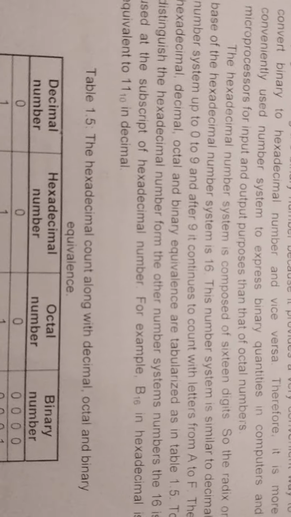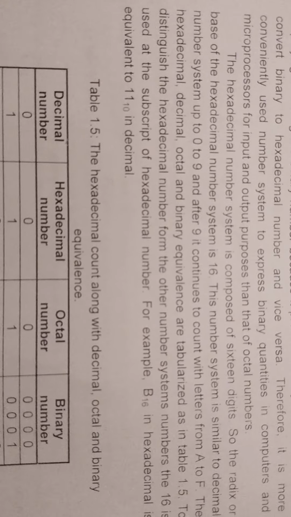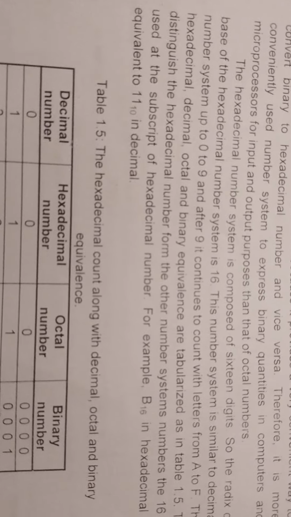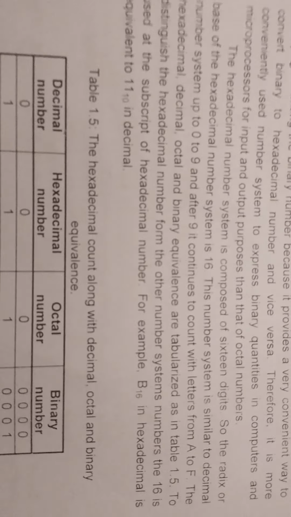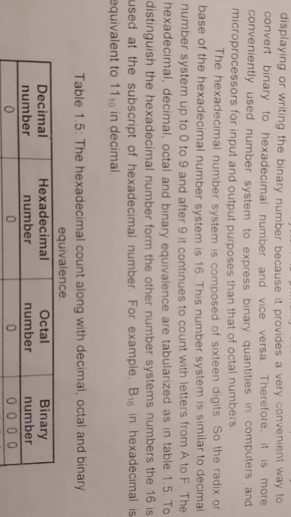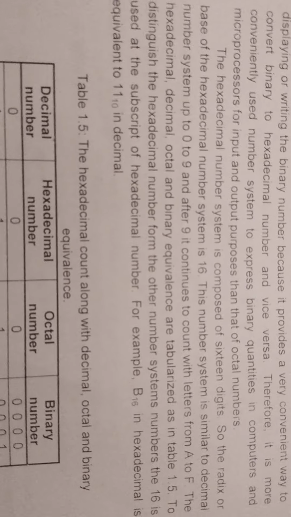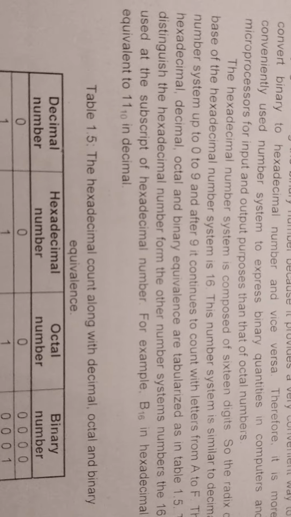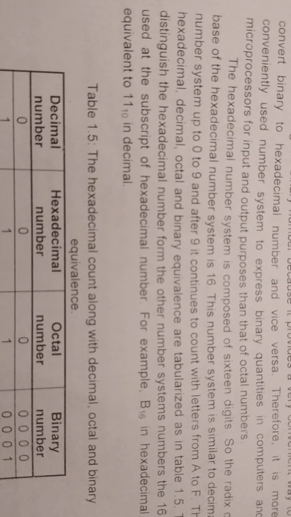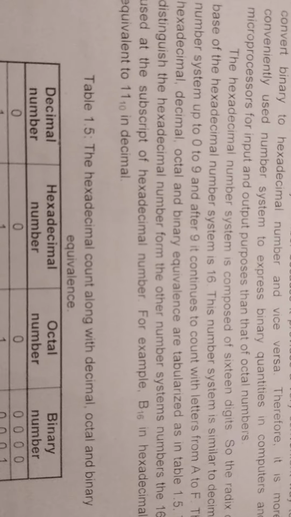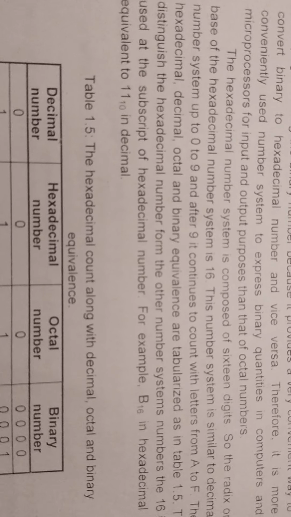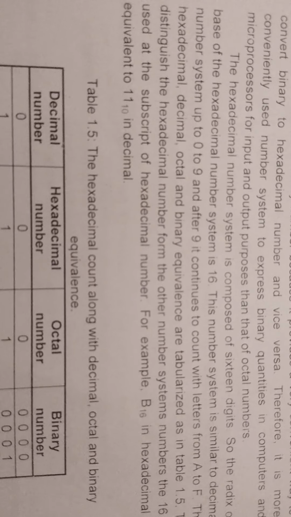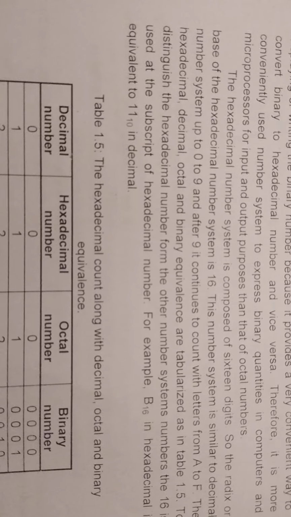And after 9, it continues to count with letters from A to F. That means firstly 0 to 9, 10 digits, are used, and after 9 it continues with letters. The letter A is used for 10, and for 11 the letter B. In this way, the letters A to F are used in the hexadecimal system after the number 9.